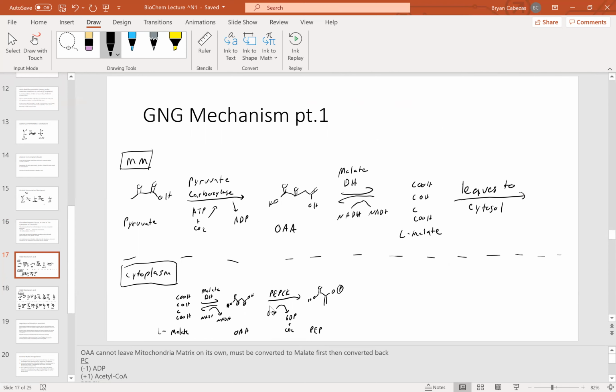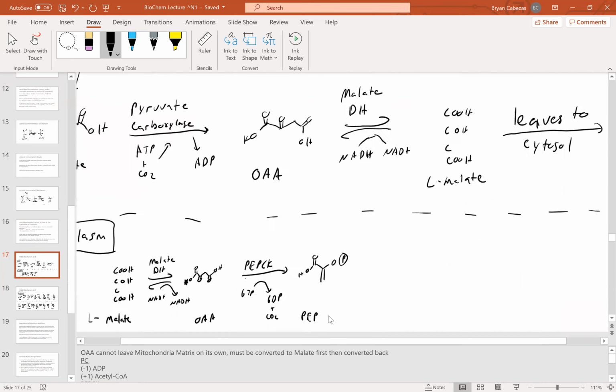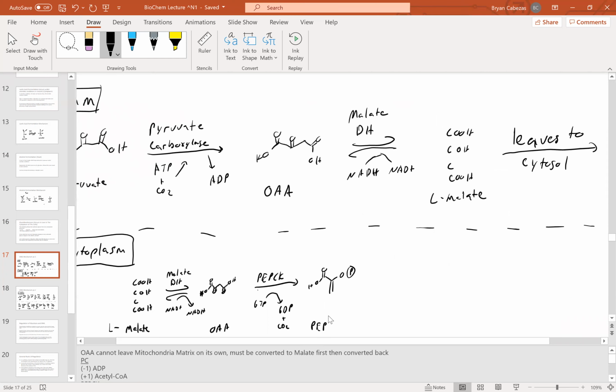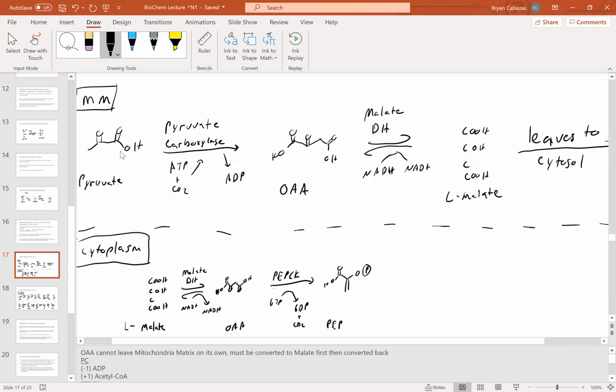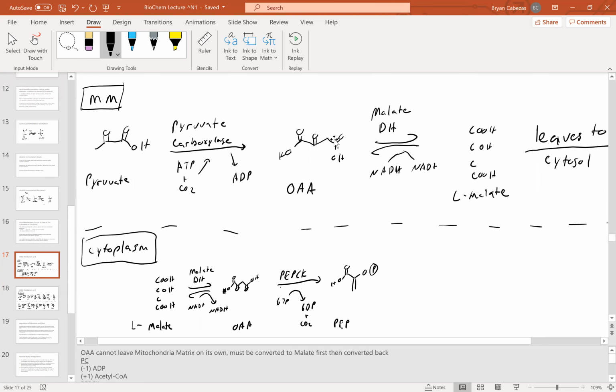Next, once it's back in the cytoplasm, we're going to have the oxaloacetate be catalyzed. It's going to undergo a reaction with PEPCK. PEPCK is going to take a GTP molecule and add a phosphate group to the molecule, and remove that carbon dioxide group that the pyruvate carboxylase added. So it went from a 3-carbon structure to a 4-carbon structure, and then back to another 3-carbon structure, right?